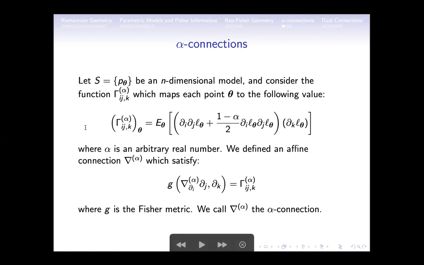These are again the Christoffel symbols of the first kind, and we start by defining the connection locally because that's easier to do. So we locally define the Christoffel symbols of the first kind, and then from there we go to the connection, and we call it the alpha connection if we define it in this way. For each real number alpha we define a connection on statistical manifolds called the alpha connection.